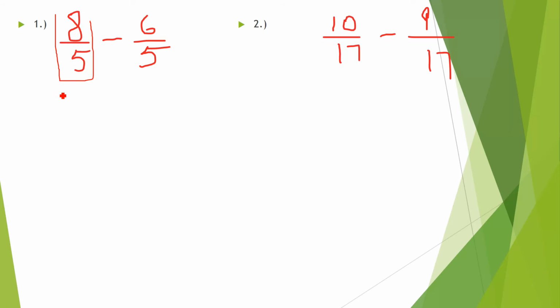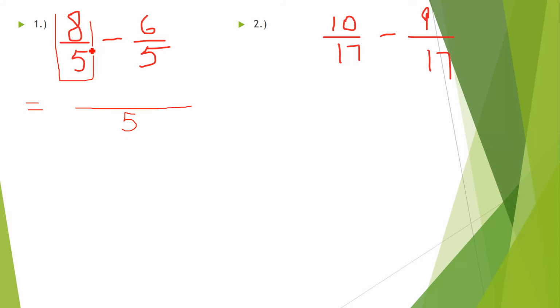So here is how we will do this question. You have to subtract 8 over 5 minus 6 over 5. First of all, you have to see whether the denominator is the same or not. If the denominator is the same, as here, this is 5, this is 5, so no need to apply any other method. The easiest way is to write 5 in the denominator only one time.